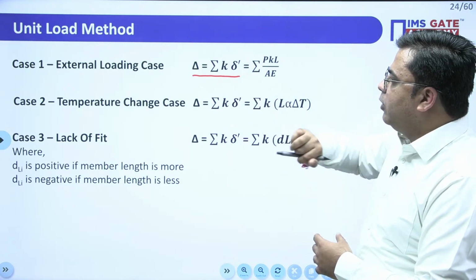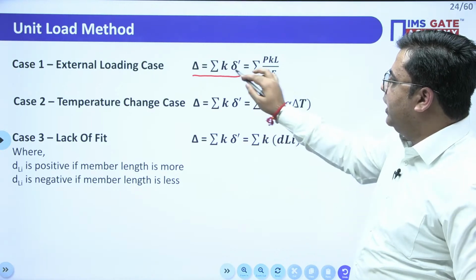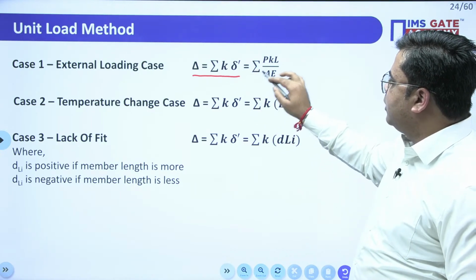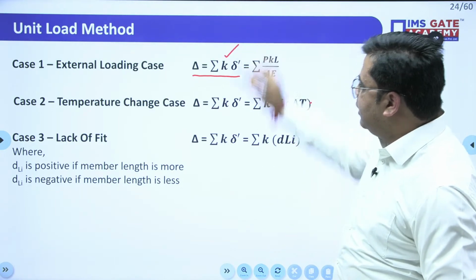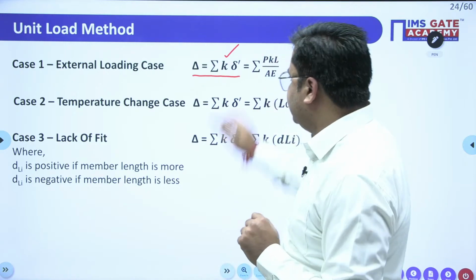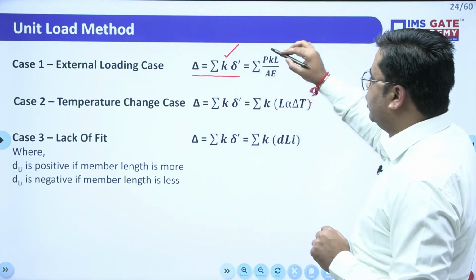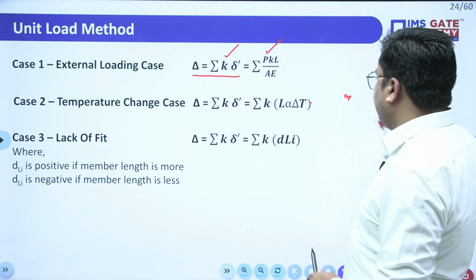So for the unit load method, for the external loading case, delta is equal to summation of k into delta dash, which is equal to summation of pkl by AE. This k is the member forces due to unit load. This p is the member forces due to external loading.